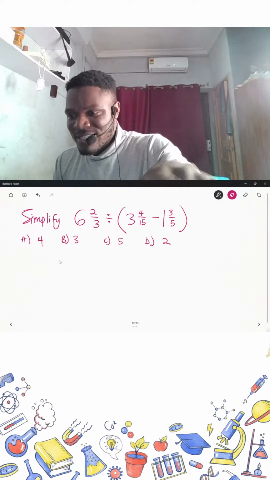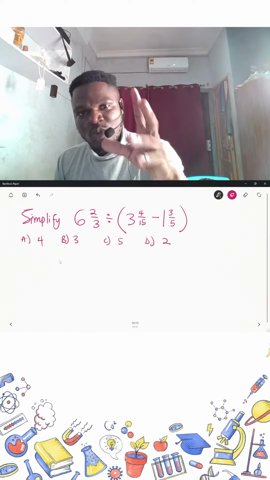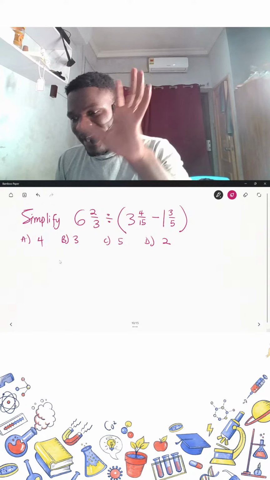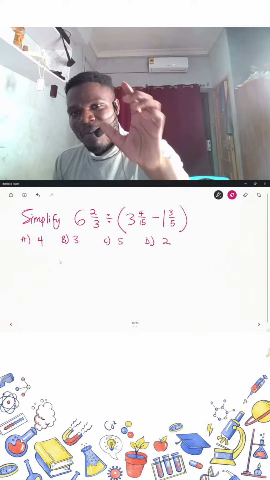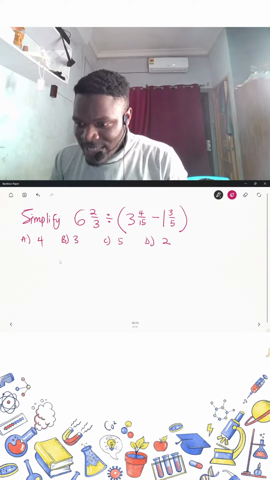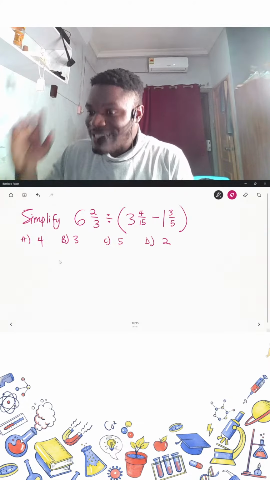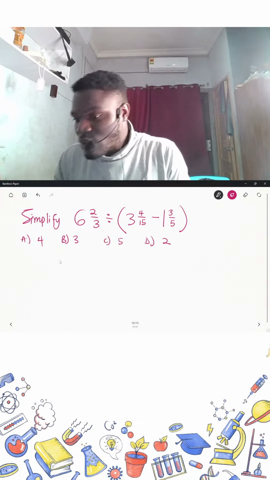So guys, we have a question on the board. We are to simplify 6 whole number 2 over 3 divided by, in brackets, 3 whole number 4 over 15 minus 1 whole number 3 over 5. And somebody, Diamond, has said the correct answer is option B. That's according to him. We don't know whether that is true or not.